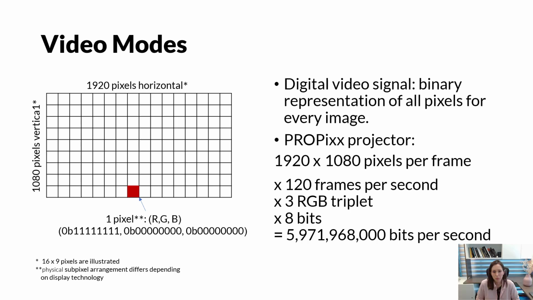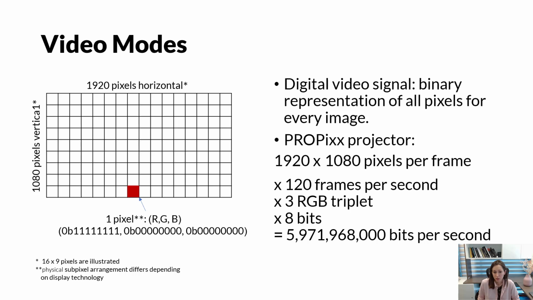Well, where do video modes originate? The video protocol used to transmit the video signal from a graphics card to a display sets an upper limit to the rate at which information about the composition of an image can be transmitted during a set period.